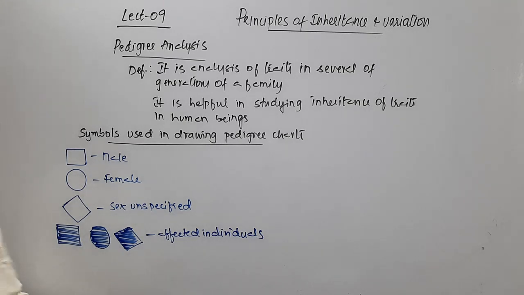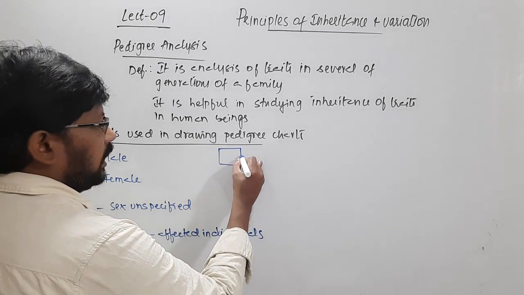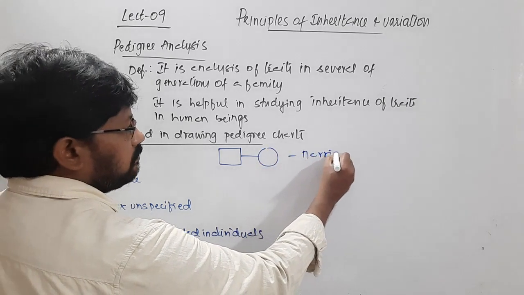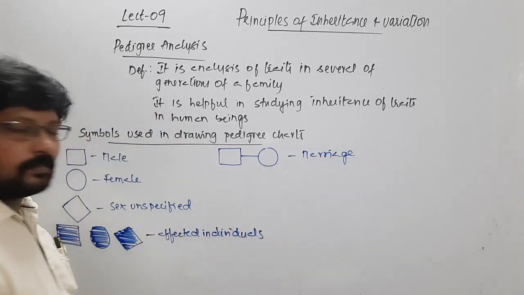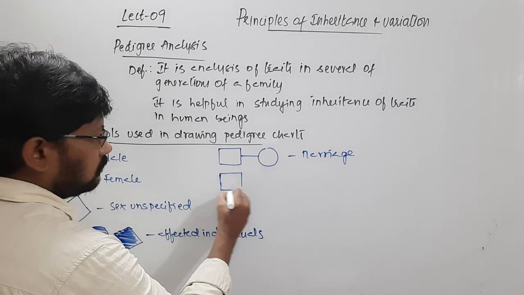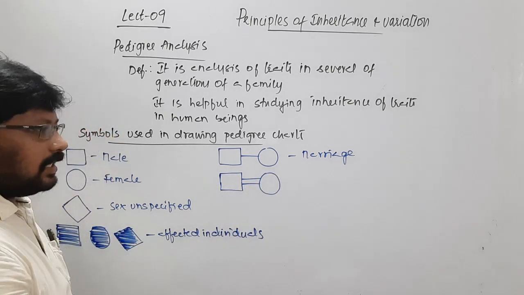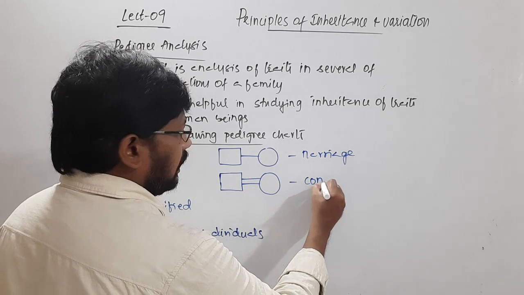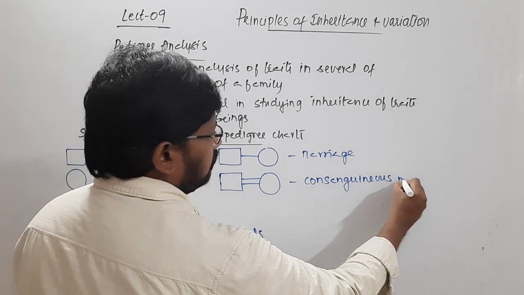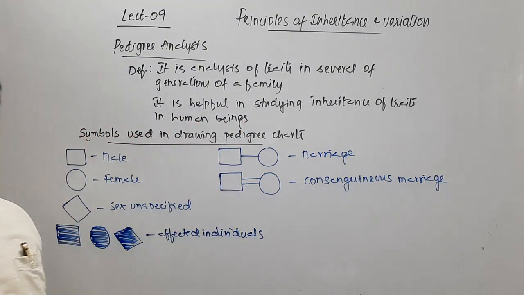If I put a line between the male and female, this indicates marriage between them. If I put two lines, it indicates a consanguineous marriage.